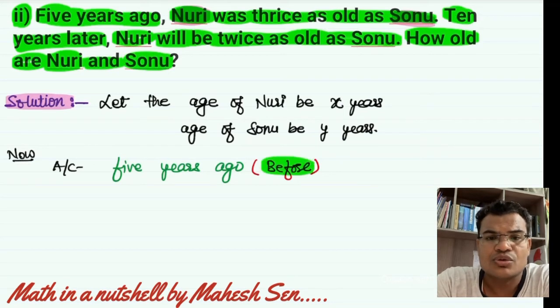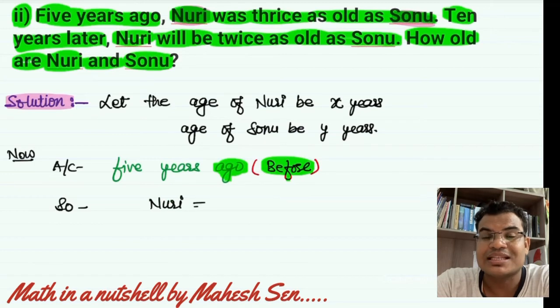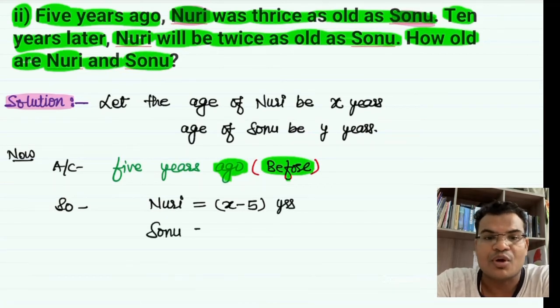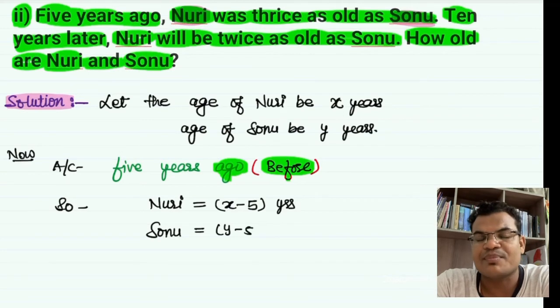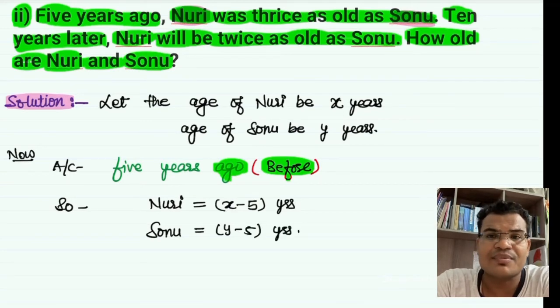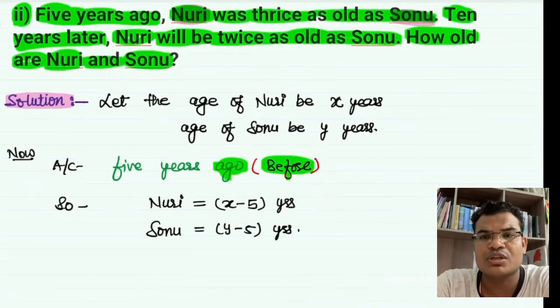So first write the age of Nuri, which will be x minus 5. Obviously you subtract 5 from the age of Nuri, that is x. So x minus 5 years is the age of Nuri. I hope you understood the meaning of the words ago and before. Sonu will be y minus 5. 5 years will be subtracted from the age of Sonu also.